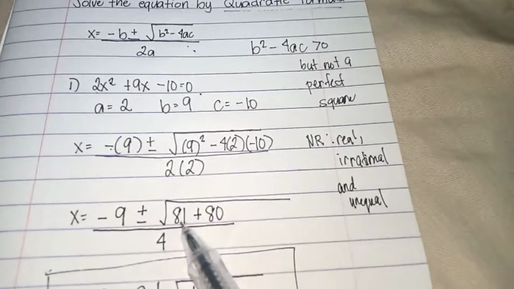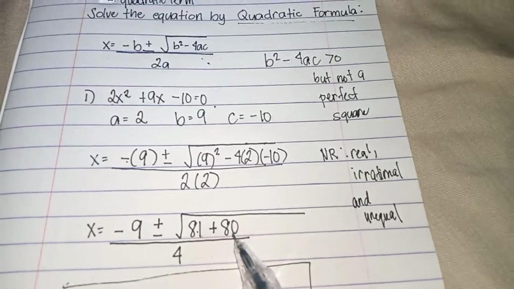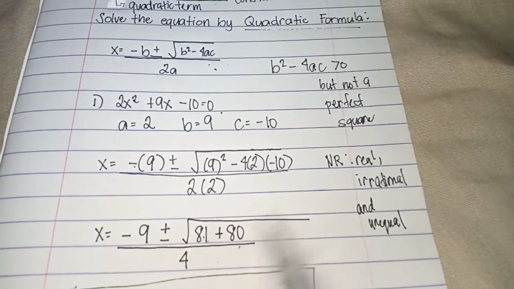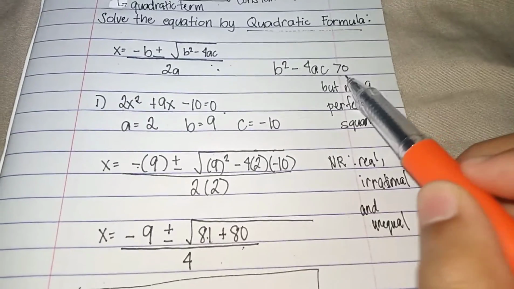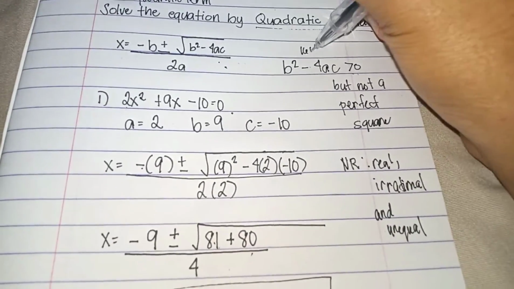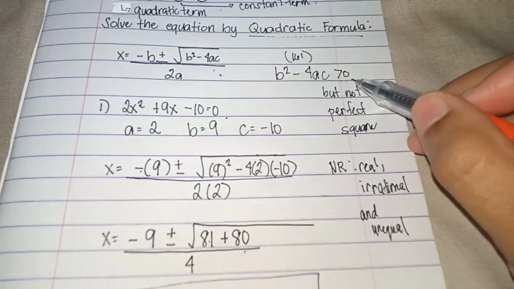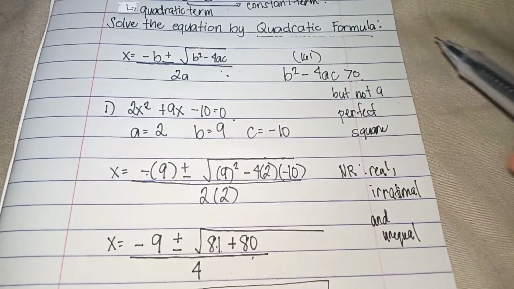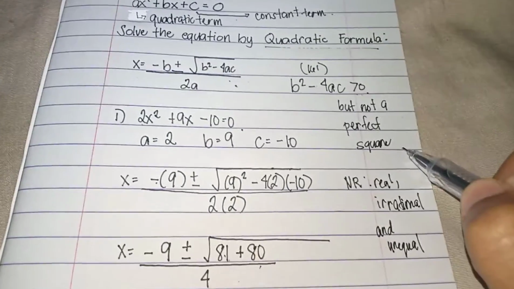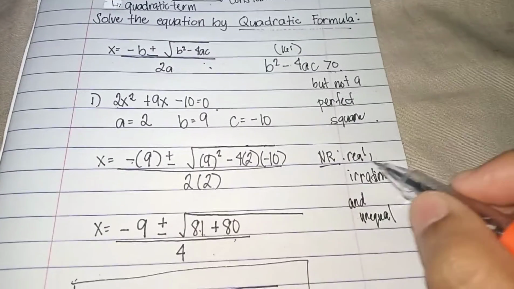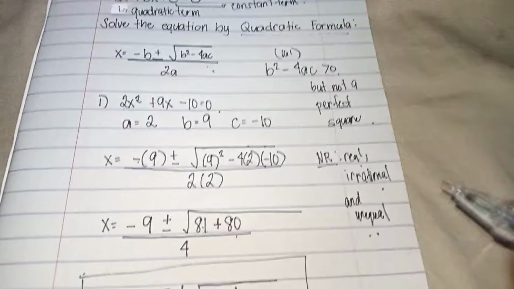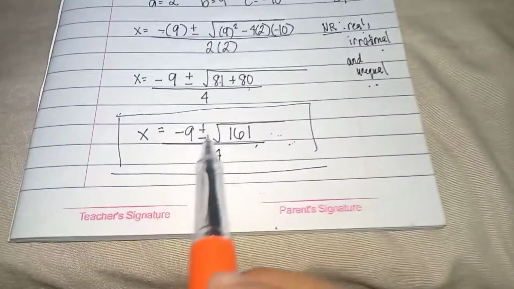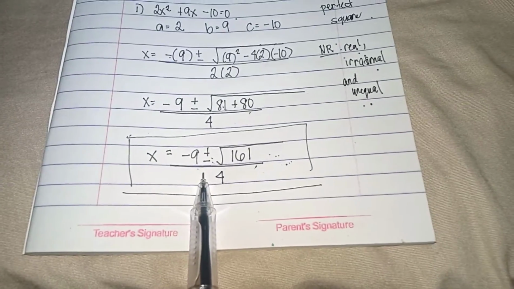So 81 plus 80 equals 161, which is greater than 0, and 161 is not a perfect square. So its nature of roots is real, irrational, and unequal. That's why our answer will stop right here.